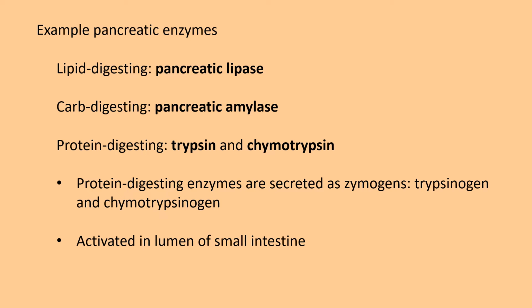And again, this is a protective feature. When a cell manufactures protein digesting enzymes, that cell is very vulnerable to those protein digesting enzymes. So for the safety of that cell, the protein digesting enzymes are produced and secreted as zymogens. Zymogens are inactive, so they are not dangerous to the producing cell, and they are only activated once they're in the lumen of the small intestine.